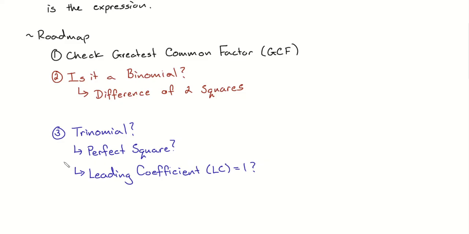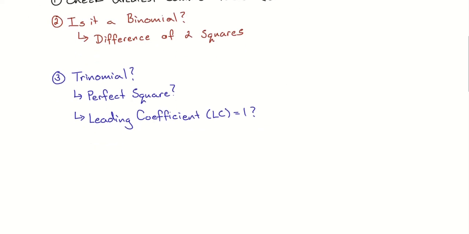While we're here, leading coefficient 1, awesome. We will go ahead and use a shortcut, and I'll just put that underneath this. I know it gets nested, but there's a lot to it. There's a shortcut that I'm going to recommend if and only if the leading coefficient is 1. If the leading coefficient is not equal to 1, we are going to group it.